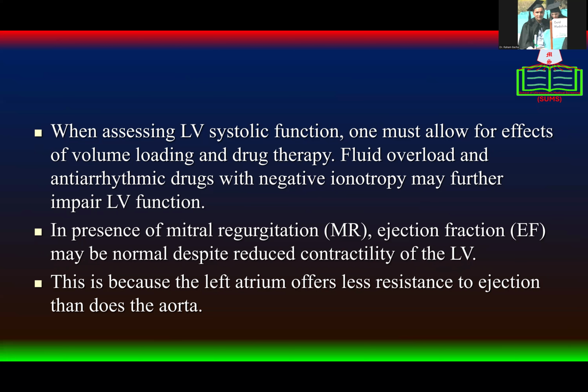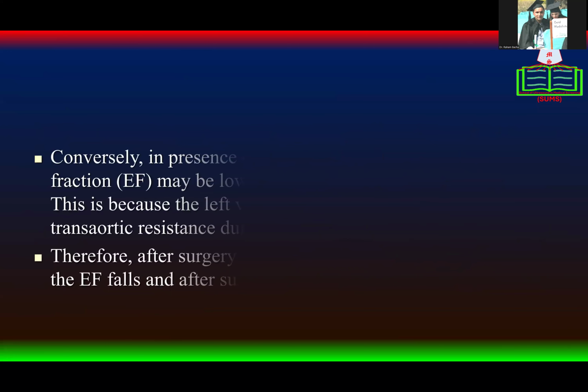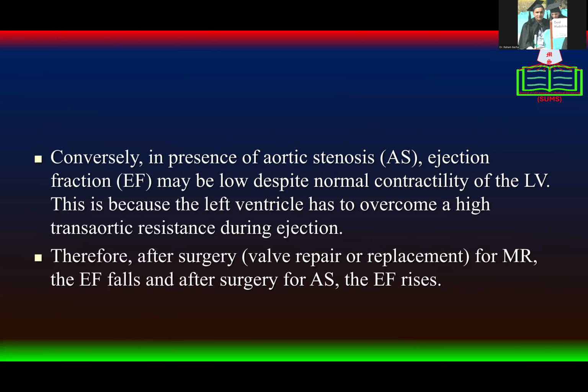In the presence of mitral regurgitation, ejection fraction may be normal despite reduced contractility of the left ventricle. This is because the left atrium offers less resistance to ejection than does the aorta. Conversely, in the presence of aortic stenosis, ejection fraction may be low despite normal contractility of the left ventricle.